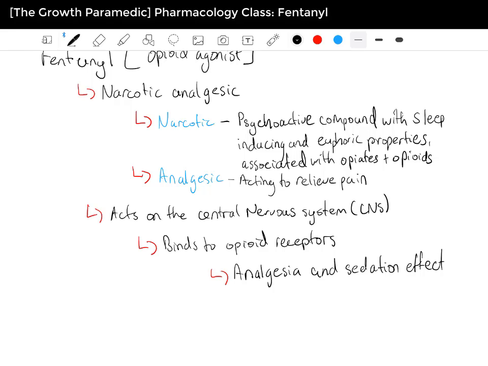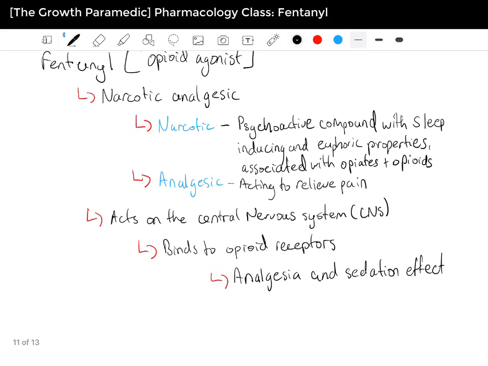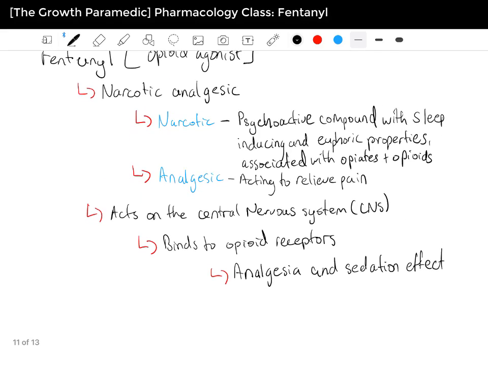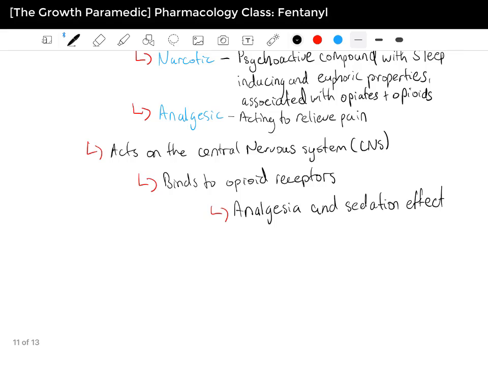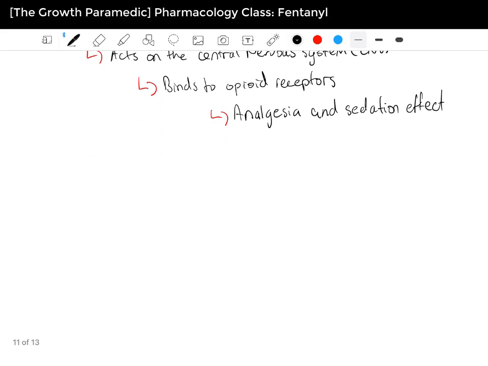So when considering whether to give fentanyl or morphine, that's one that's often placed in front of paramedics in the pre-hospital setting, whether to give one opioid agonist or the other. There are a few factors to keep in mind, so I'll write them down. Fentanyl versus morphine, and both of them are used for pain management, so that's what we know already.